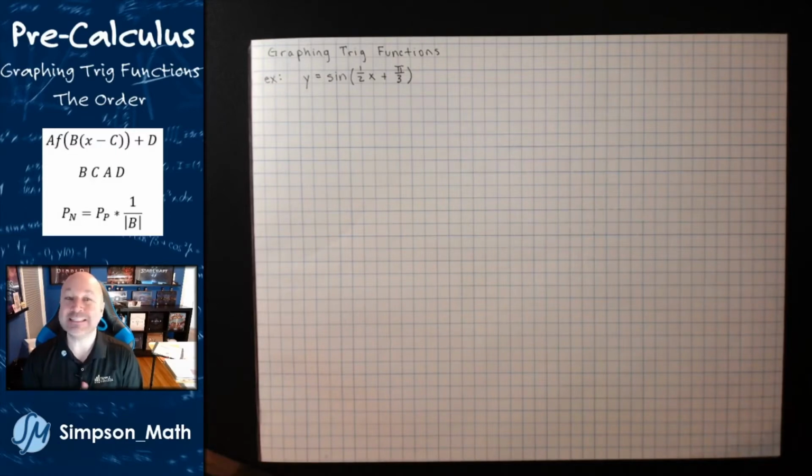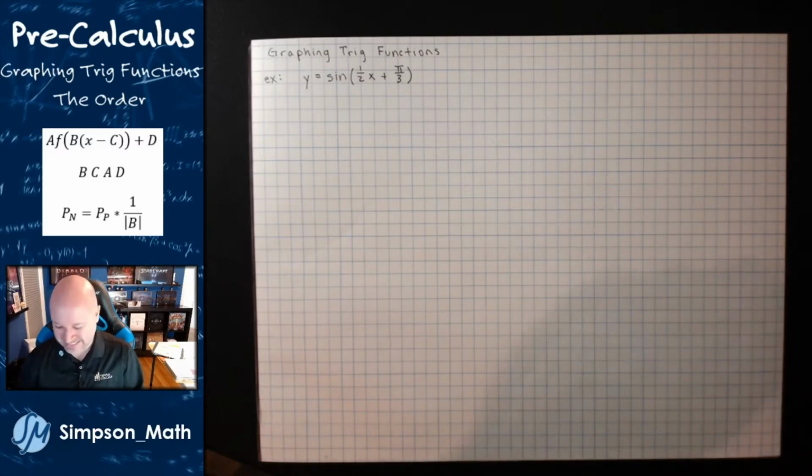And then what is my c in this function? What's my b? What's my c? I think we are all okay with saying that b is 1/2. But if you said pi thirds for c, you're wrong.